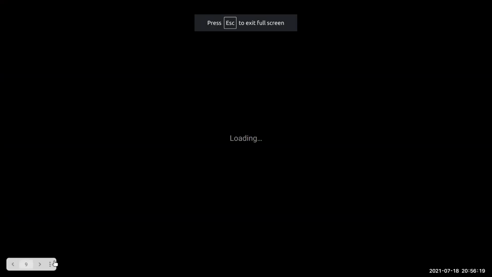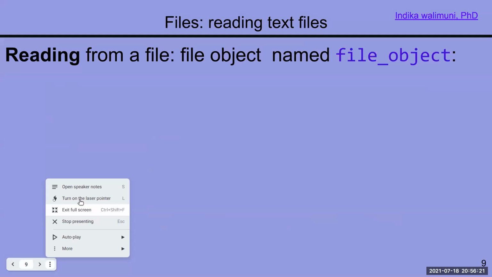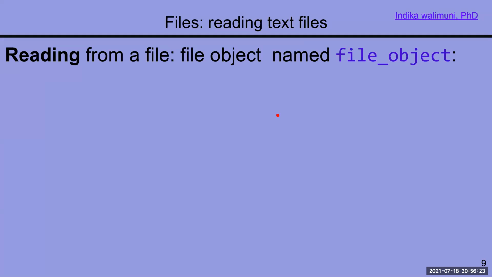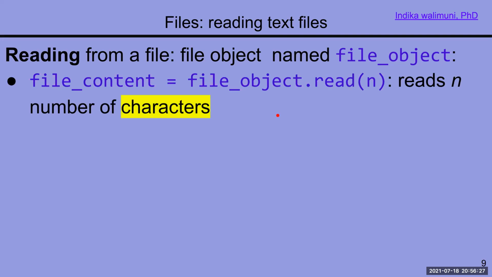The first command is for reading from a file. We're going to use the read method, and it can take an integer parameter as an argument.